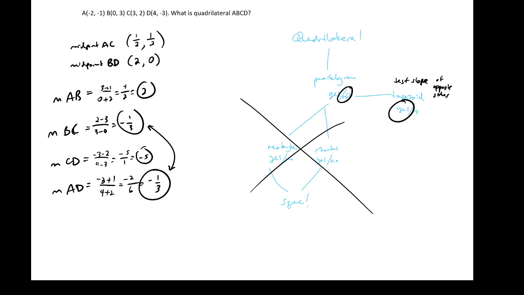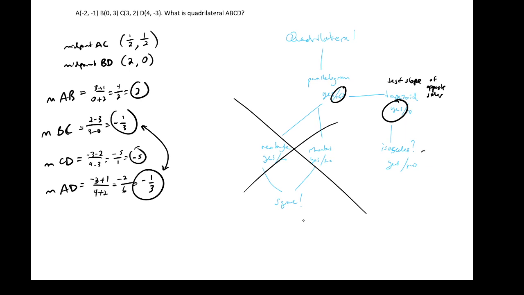Now, we need to figure out what type of trapezoid this is. All right? And we need to figure out if it's a yes, is it an isosceles? Okay, now how do we test isosceles? We're going to figure out the distance of the legs.